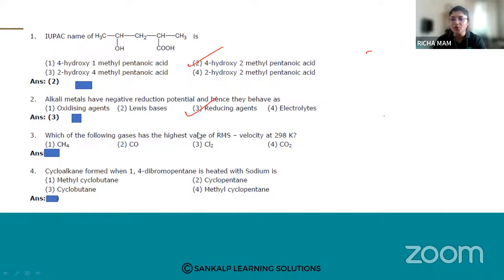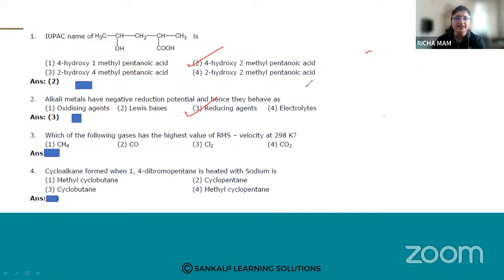Methane, carbon monoxide, Cl2, carbon dioxide. Srishti has answered it as 1. Madan has answered it as 2. Any more answers?